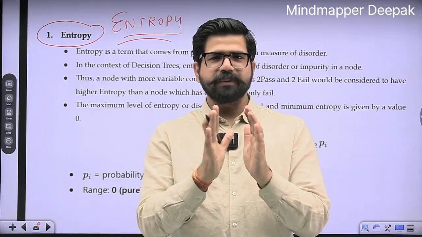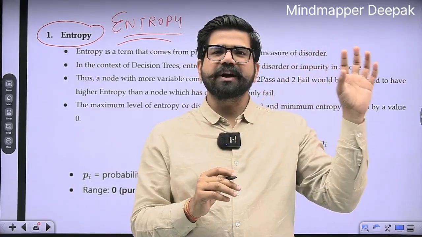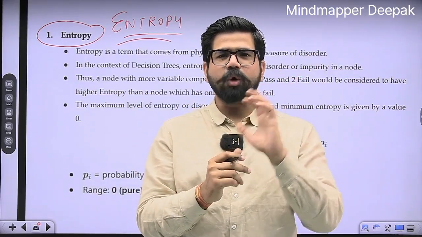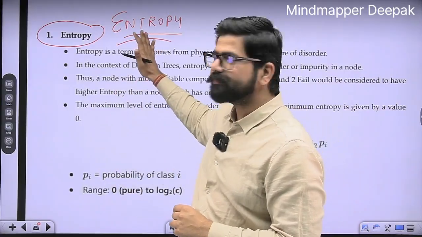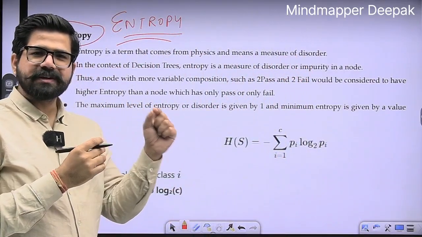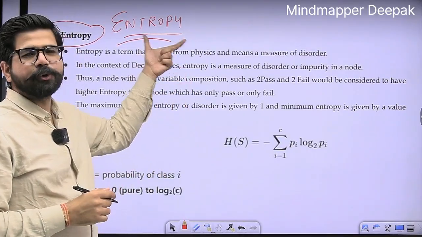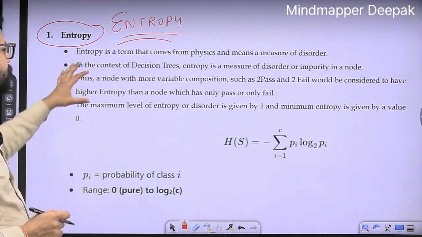I hope you remember that entropy is nothing but randomness, the measure of randomness, what amount of randomness is present in the gaseous molecules or the liquid molecules. Just like that, the same thing, the entropy comes here. If you know the basic concepts of entropy from your 11th or 12th, then definitely you can easily understand the meaning of entropy with respect to decision trees and with respect to the data.